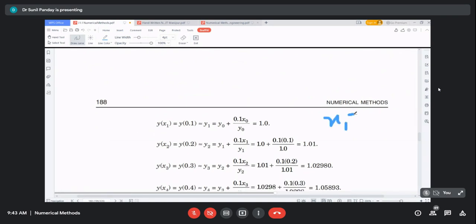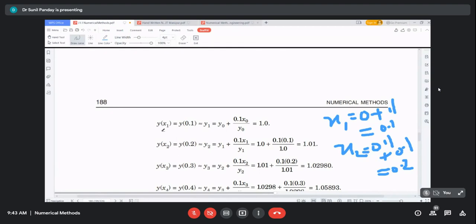Earlier h was 0.2, but now h is 0.1, so x1 is 0.1. Similarly x2 is 0.2, and in general x3 is 0.3 for this particular problem.